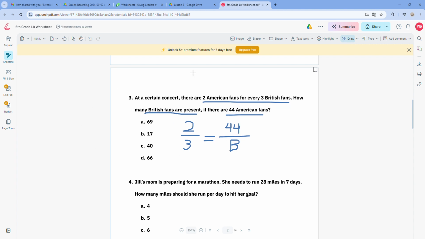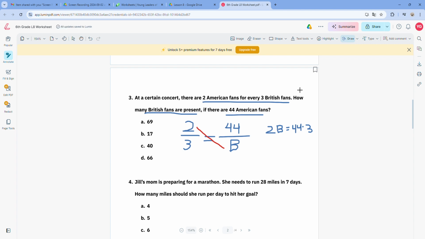And once you have this, you actually want to cross multiply. And cross multiplying is basically when you multiply the numbers that are across from each other. So you would do 2 times B, which would give you 2B is equal to 44 times 3.